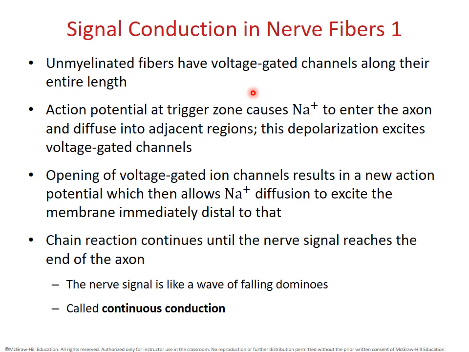So even though the sodium from the first action potential is diffusing back towards the cell body and dendrites, we see no action potentials because of the absence of voltage-gated channels. So the action potential, the falling dominoes, really only take off in one direction from the trigger zone, and that is down the axon.